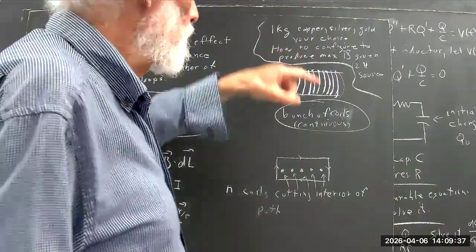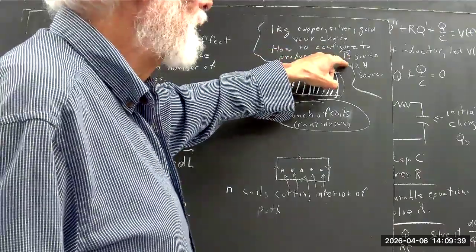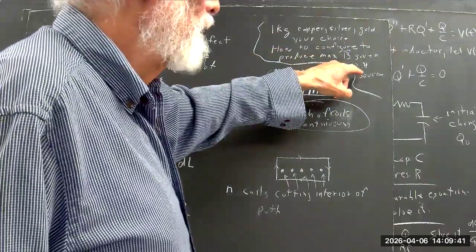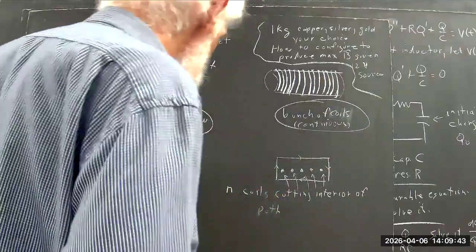How would you configure it to produce the maximum magnetic field given a 12-volt source?